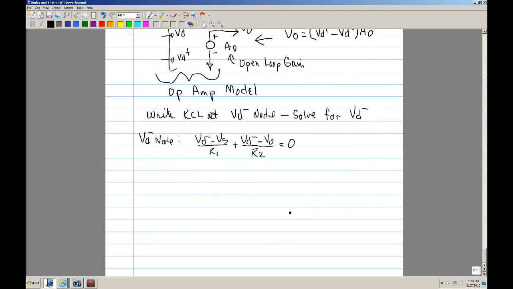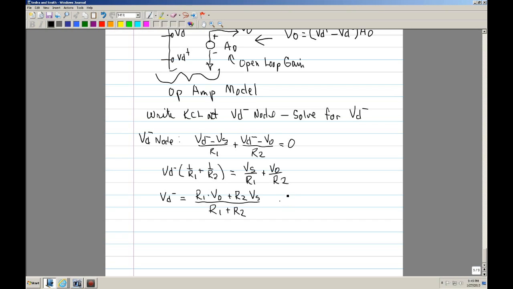I'm going to expand this a little bit, and once you solve for VD minus, you should get VD minus equals (R2 VS plus R1 V out) divided by (R1 plus R2).